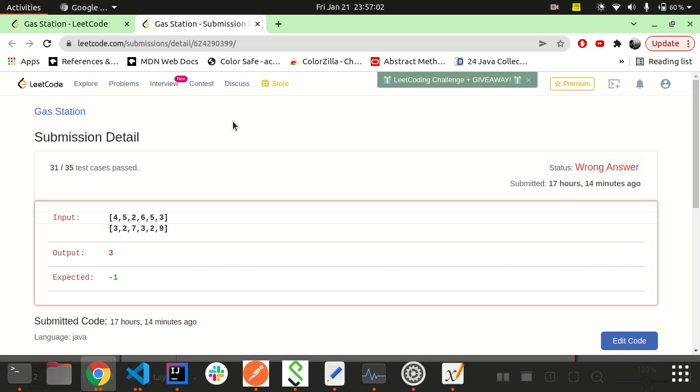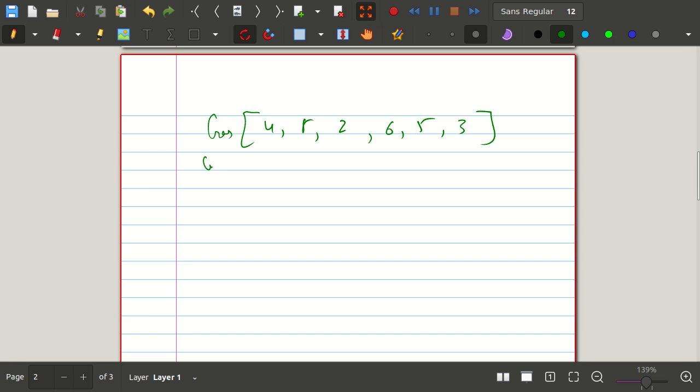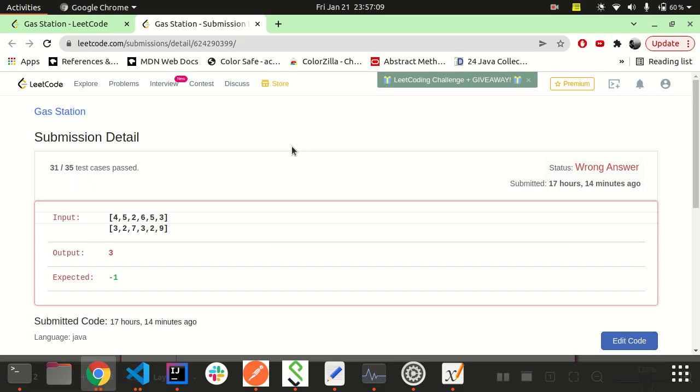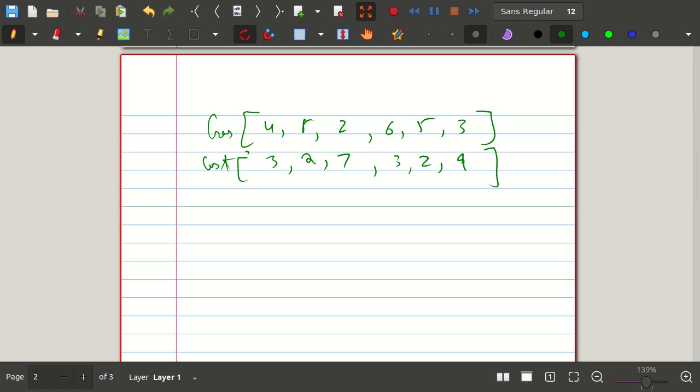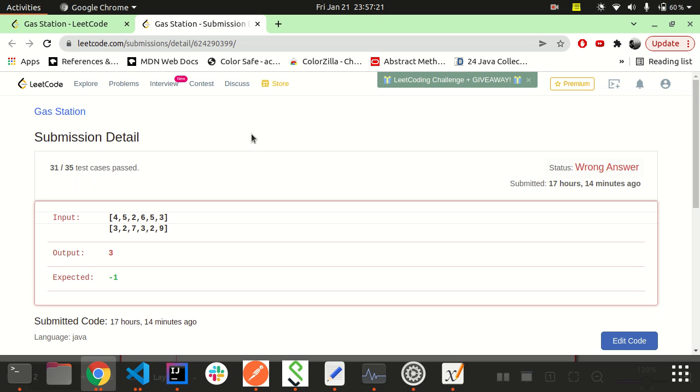These are our gases at each index, and these are our costs: 3 2 7 3 2 9.